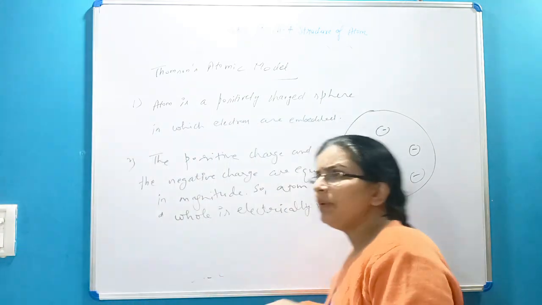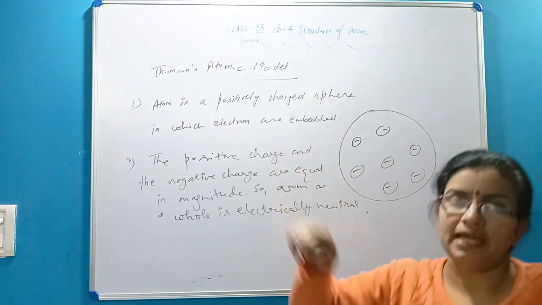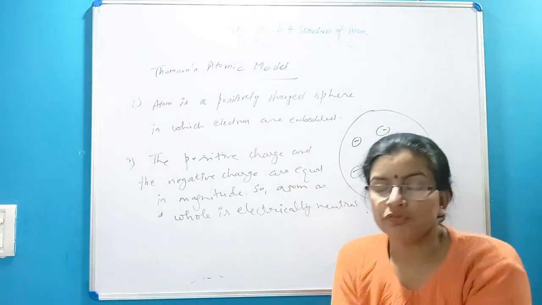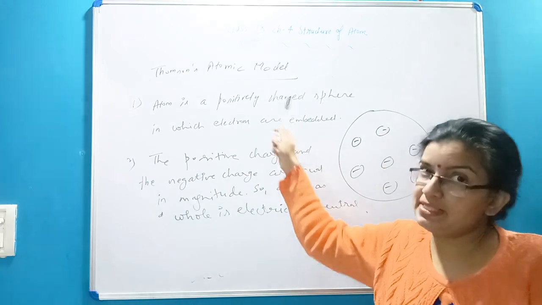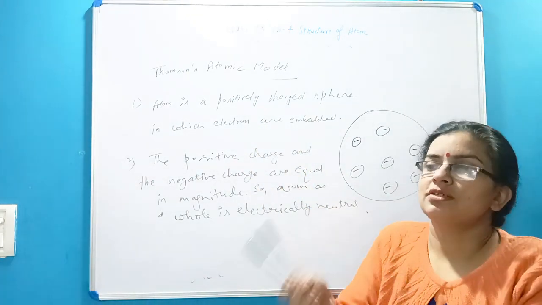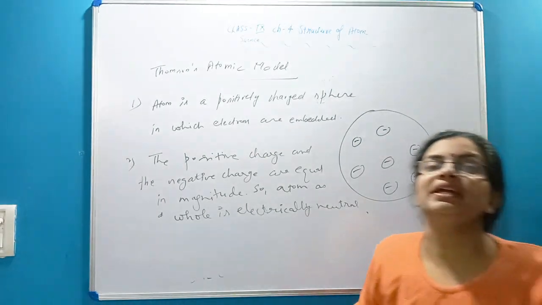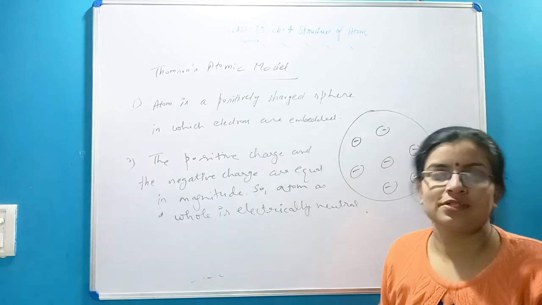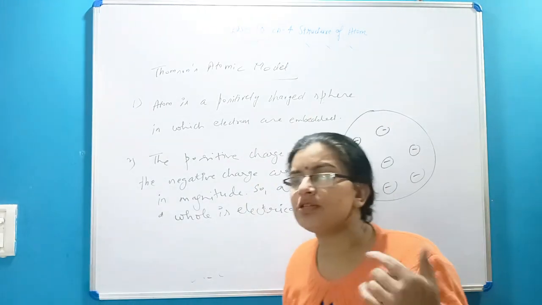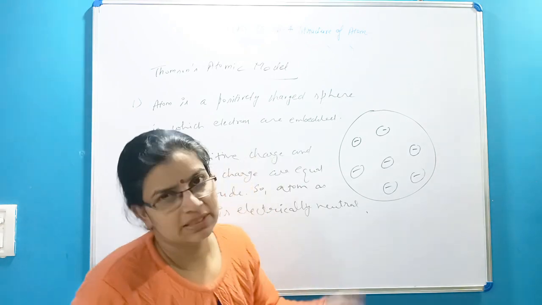We can compare the atom with a watermelon, in which the entire red part of the watermelon is the positively charged sphere, and the black seeds embedded in the watermelon are equivalent to electrons. We can also compare the atom with a Christmas pudding in a similar manner.